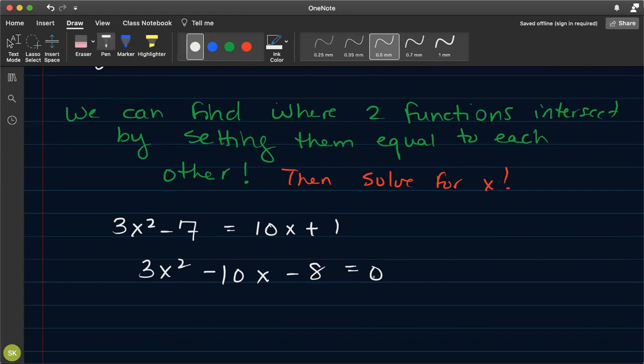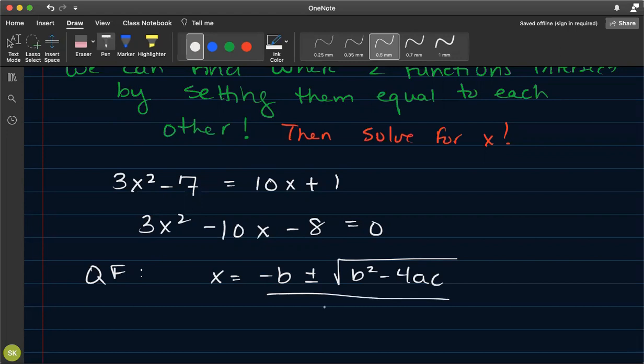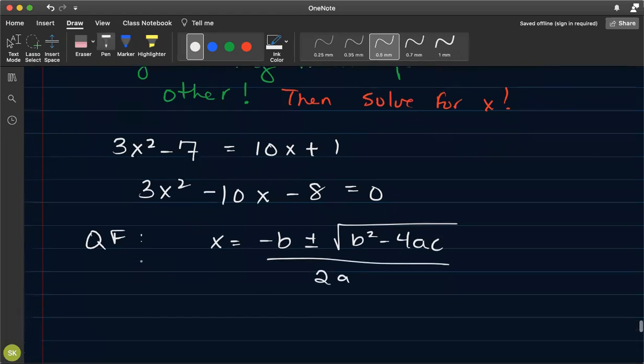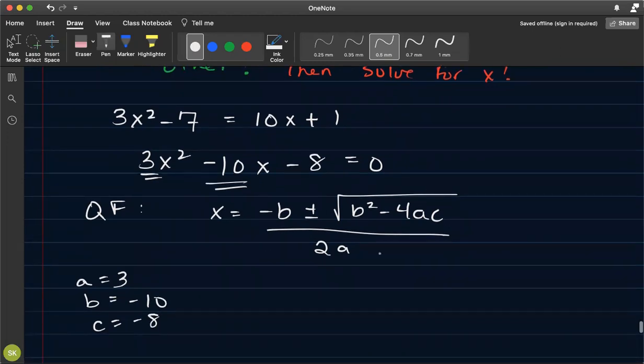And to do that, I can use the quadratic formula, which is x is equal to negative b plus or minus the square root of b squared minus 4ac, all divided by 2a, where here a is 3, b is negative 10, and c is negative 8. I'm going to plug each one of those into this quadratic formula.